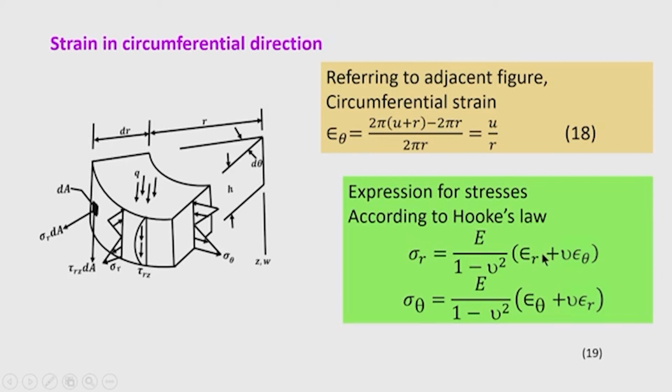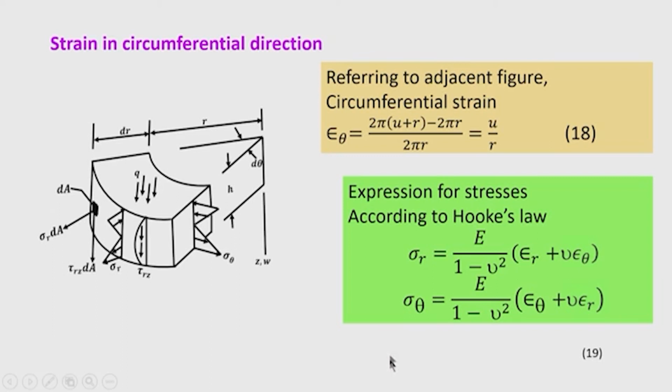Epsilon r and epsilon theta are the strains in the radial and circumferential directions. Similarly, sigma theta, the stress in the circumferential direction, is written as E divided by 1 minus mu square into epsilon theta plus mu epsilon r. Epsilon is used to denote the strains, which are actually small quantities.